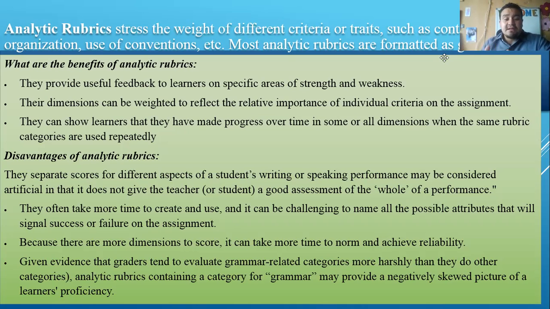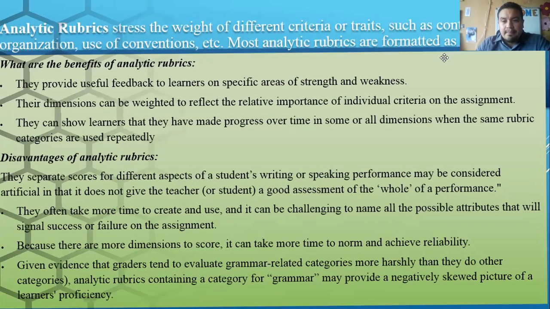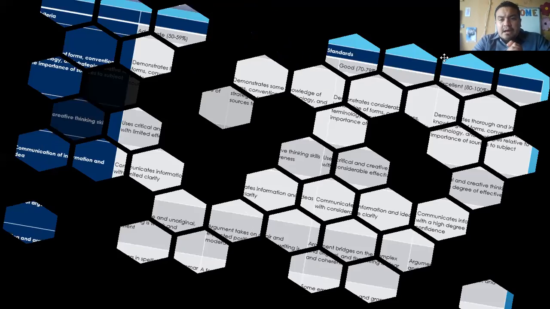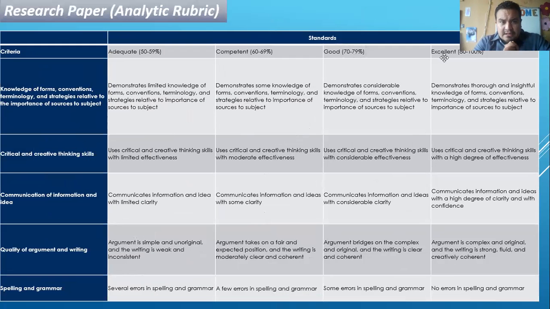And the last one, given the evidence that graders tend to evaluate grammar-related categories more harshly than the other categories, analytic rubrics that contain a category for grammar may provide a negatively skewed picture of learners' proficiency. And here I am presenting you an example of what an analytic rubric looks like.